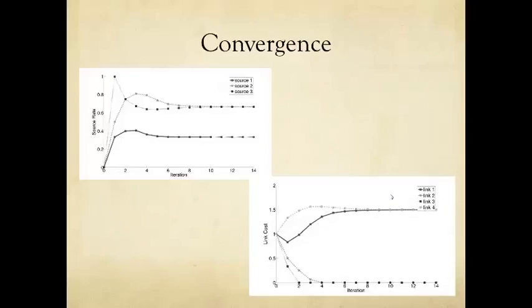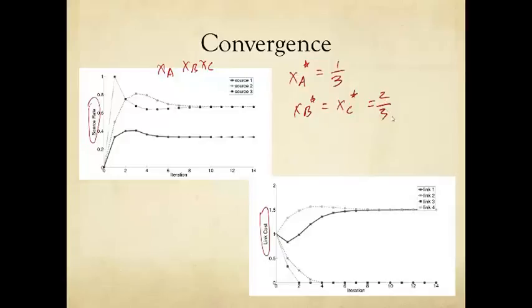And this is the iteration that you see over about 14 iterations. This graph shows the source rates, this graph shows the link costs. So you've got three curves, XA, XB, XC here, and you can see them converging to the optimal solutions: XA star is 1/3, XB star equals XC star equals 2/3.